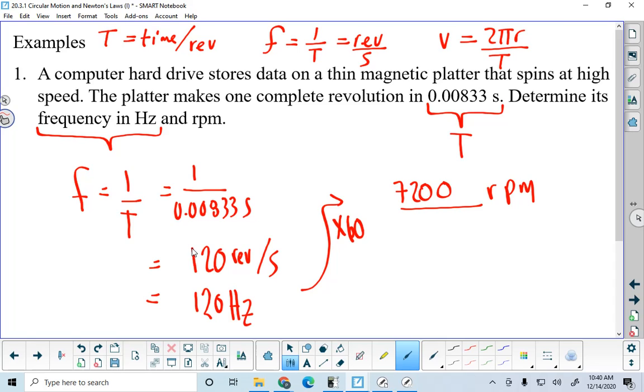Can I get somebody to confirm it's 7,200? Thank you. So with this hard disk drive, you're talking about 7,200 RPM. Of course, with a solid state drive, you don't actually have any moving parts. It's flash memory.